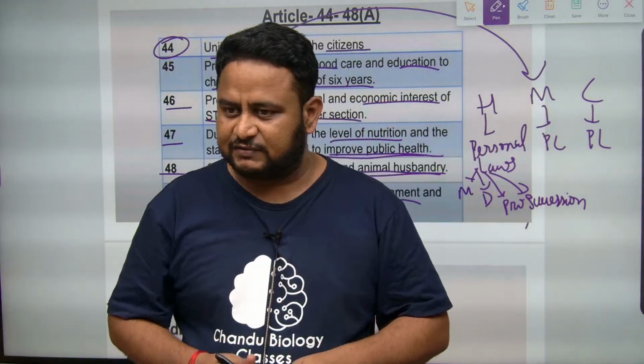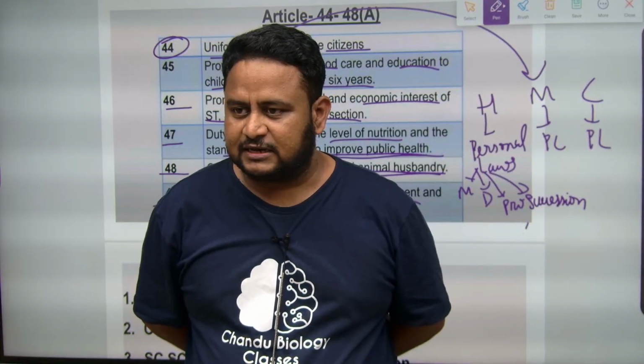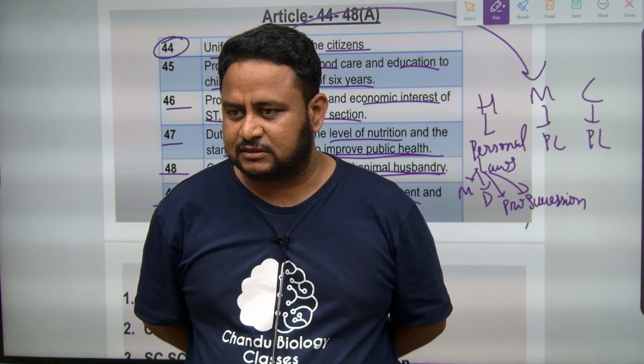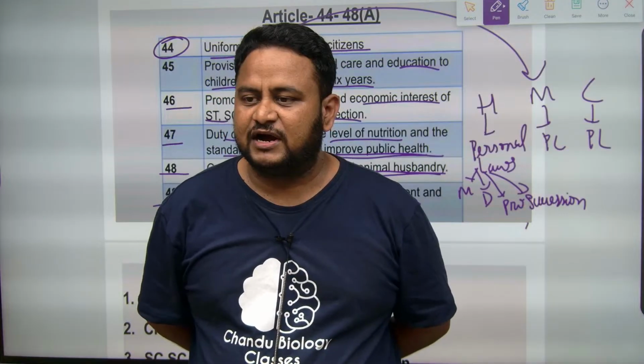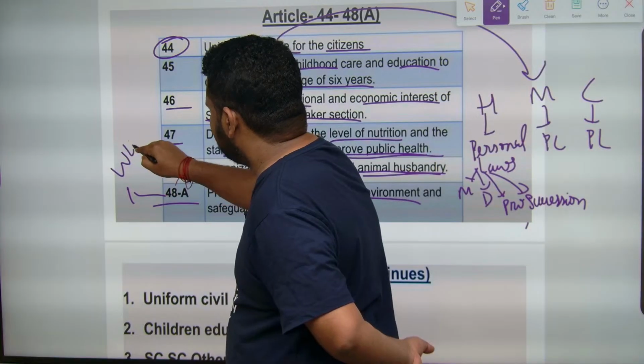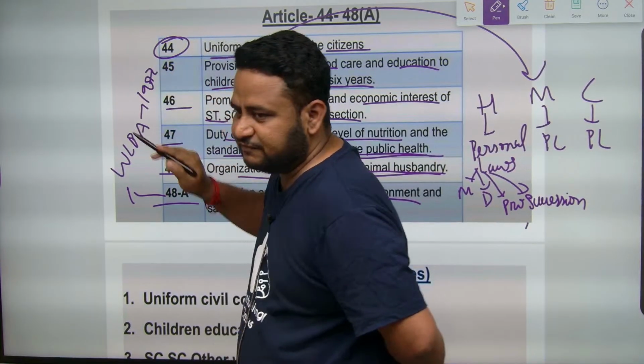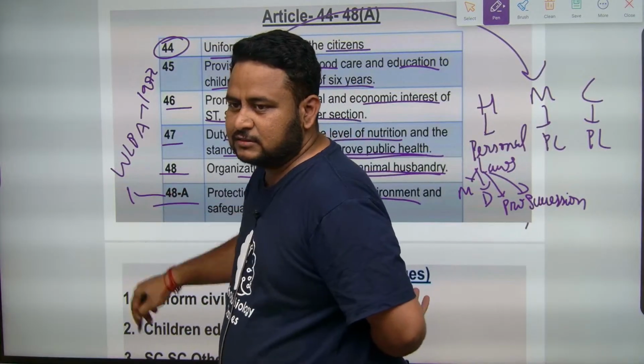First of all, in 1927, before independence itself, the Forest Act was there. In 1972, what was the act that was enforced? That is the Wildlife Protection Act 1972. Next, what is the act?